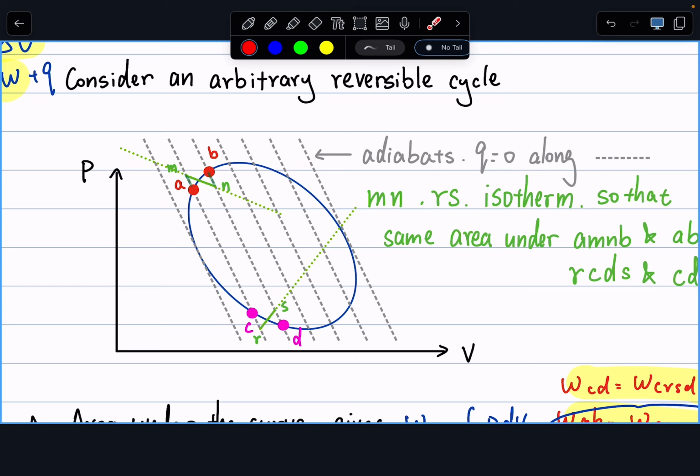So what we have so far is Q_AB equals Q_AMNB. And because my AM and BN are along adiabats, we have Q_AM equals Q_BN equals 0, because AM and BN are adiabatic processes.